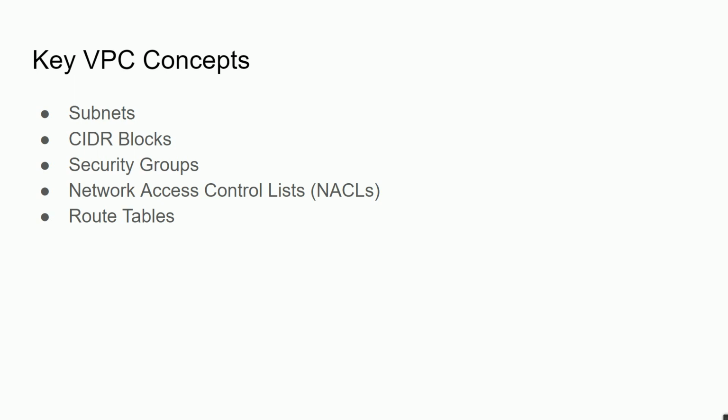Key VPC concepts. These are the key concepts, or the components, which are included in a VPC. One is subnet. As we know, in the classic way of implementation, some of the computers, or groups of computers, won't require any internet connectivity or any kind of external communication.